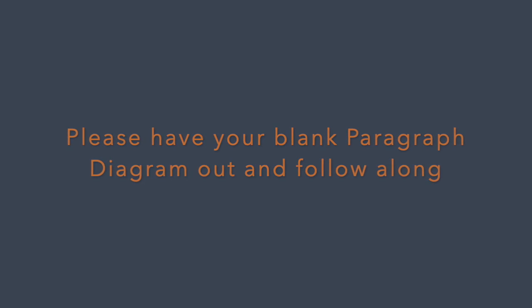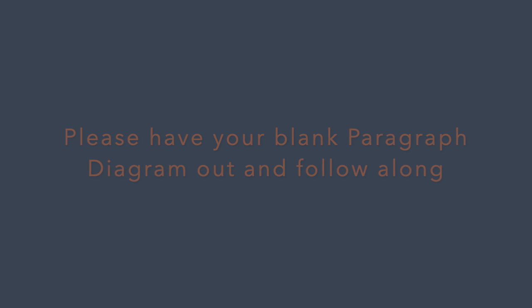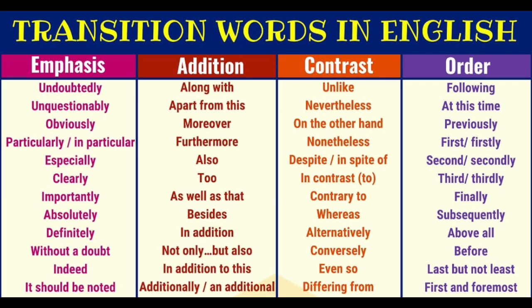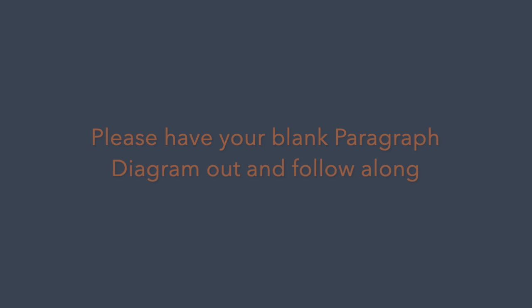Next, I need you to find number 5 on the graphic organizer. This is about transition words. In the next part of the video, you'll find transition words that I found on the internet for you. If you need to look at them, please pause it and write them down. Writing down on a piece of paper, I need you to tell me what a transition word is and when it would be used.